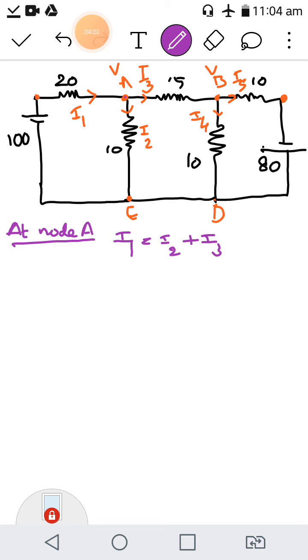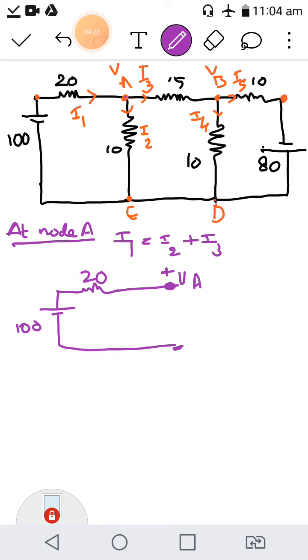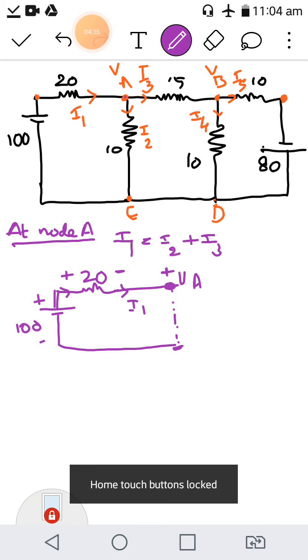The next step is to find what I1 is. As in the last example, this is a 100 volt battery, 20 ohm, and this point is VA. The meaning of this VA is that it is at a higher potential with respect to ground. I1 is flowing in this way, so current is entering here, so this is plus and this is minus.